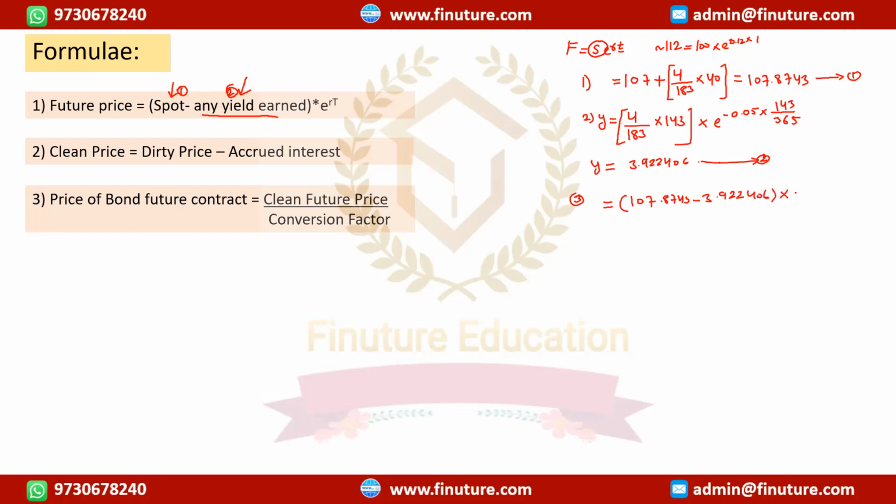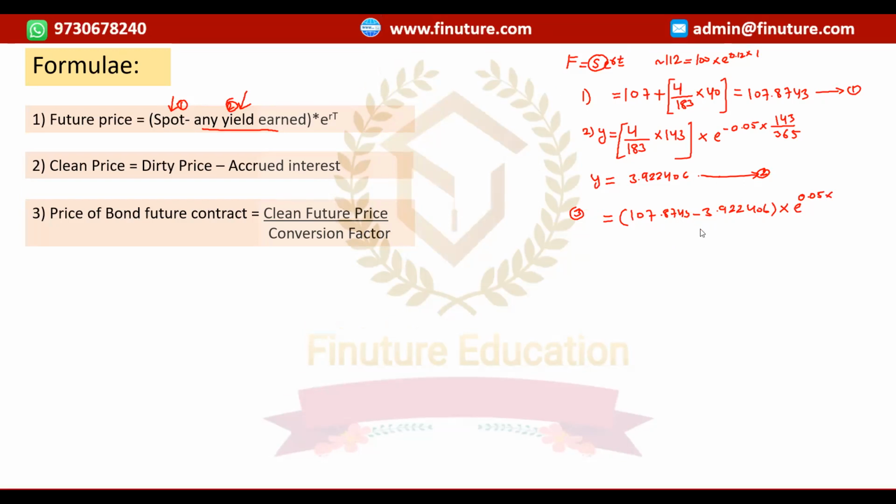Now be very careful when you're compounding over here. To calculate future price, you compound spot value. So we will compound at 5%. Be very careful, it is for 143 days. Just give me a moment.